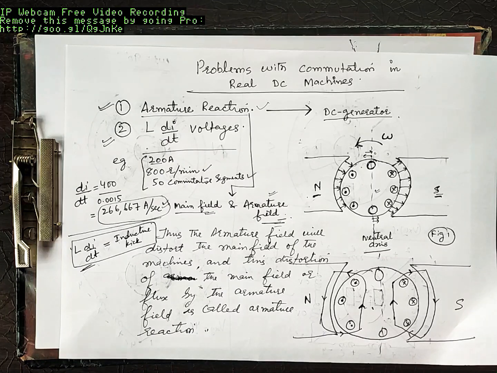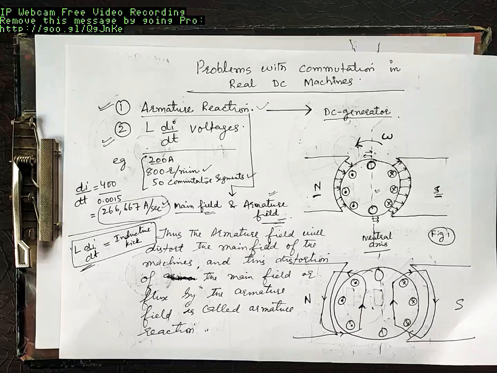Because of this inductive kick, there can be huge sparking at the brushes, which will damage the brushes, damage the commutator segments, and increase the wear and tear of the machine.